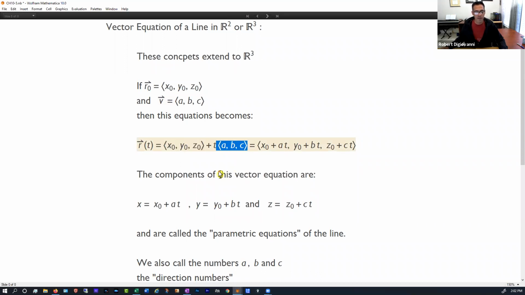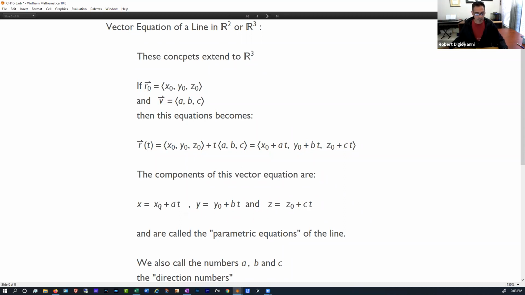Same thing. And then if you distribute the t like Terrence did and collect everything together, you'll have 3 equations now. You'll have one for x, one for y, and one for z. And those will be your parametric equations.